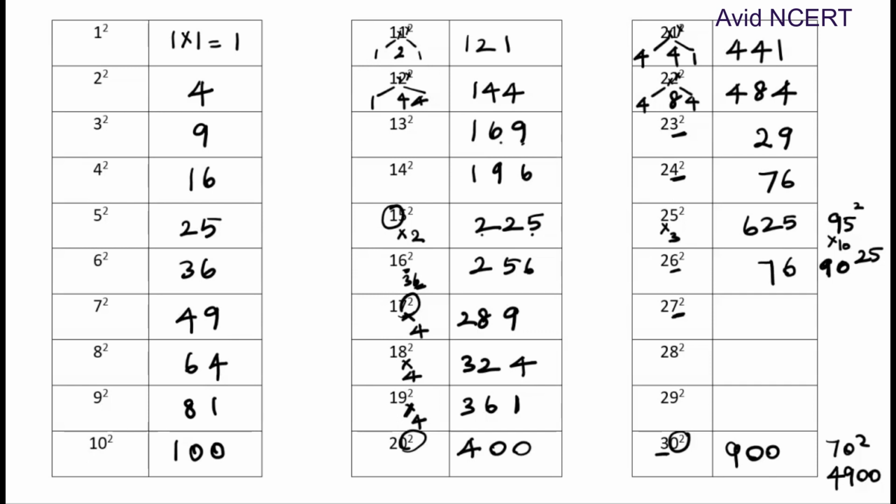For 7 square, it ends with 9 because 7 square is 49, so it is always 29. For 8 square, it is 64, so it's going to be 84. For 9 square, it's ending with 1, which means it's going to be 41.